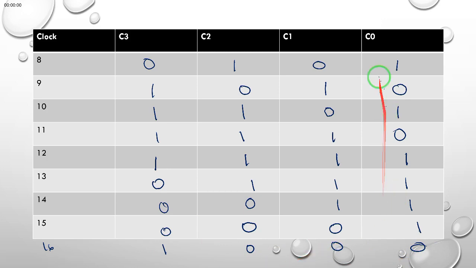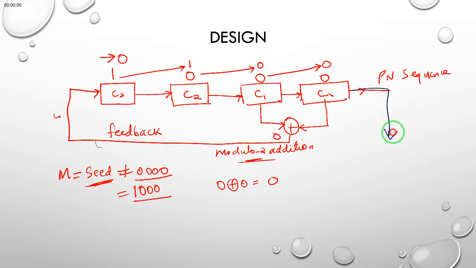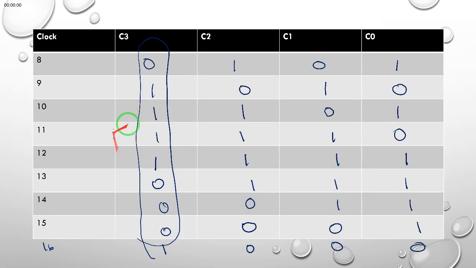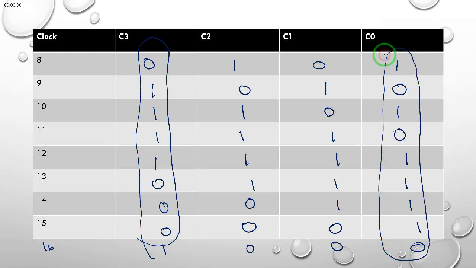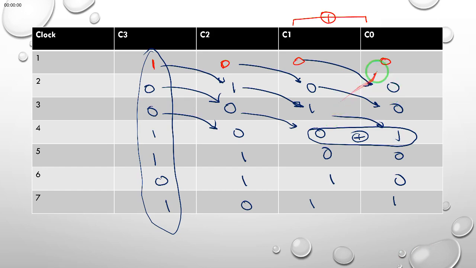So what is received at the output is from C0, not C3. We have seen C3 is our input, so our output is the one that is picked from C0. These are the last 7 bits, and these are the first 7 bits. So that marks the end of the generation of the PN sequence, and we get our PN sequence as follows.